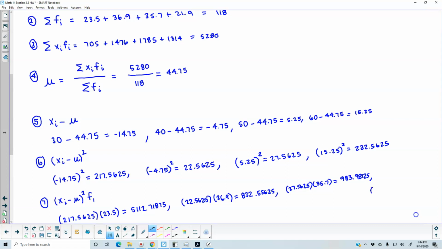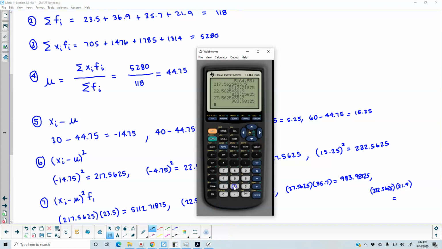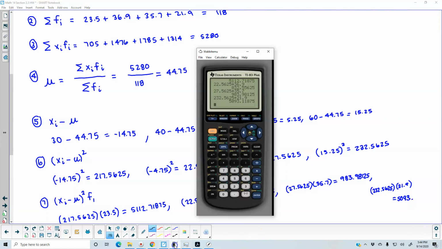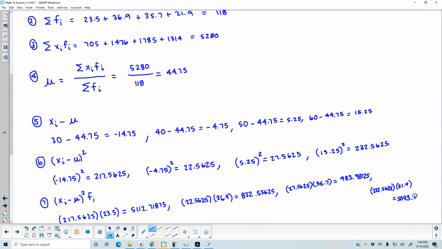And then the last one, we have 232.5625, and we're multiplying that by 21.9. 232.5625 times 21.9 gives us 5,093.11875.